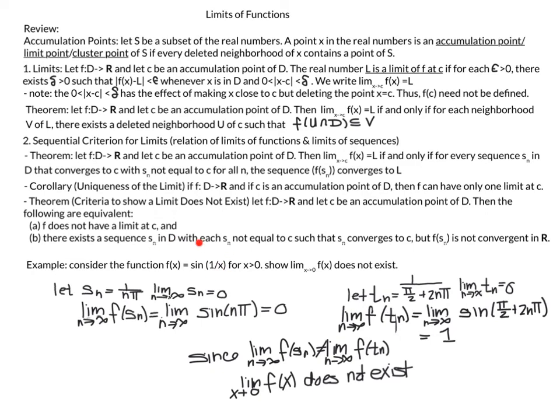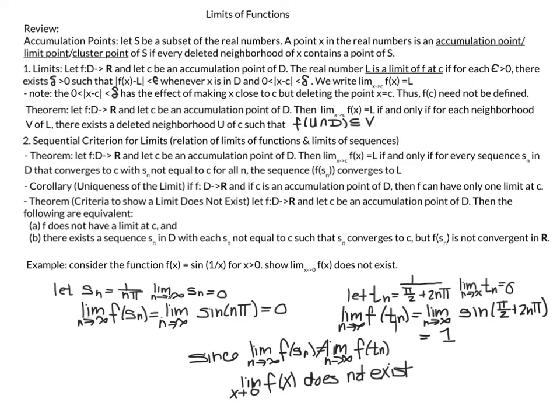I've done this problem again and proven that the limit of f of x does not exist. And this time, I use the corollary here, the uniqueness of the limit, as well as the definition of limit. So I introduced Sn, another sequence of 1 over n pi, so that the limit as n approaches infinity of Sn is equal to 0.